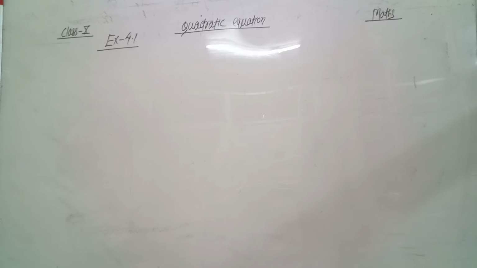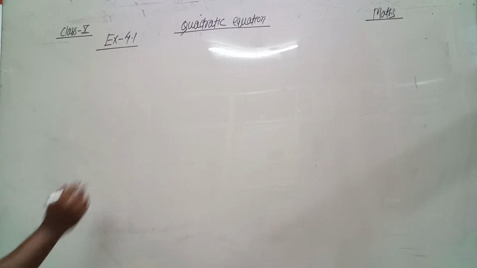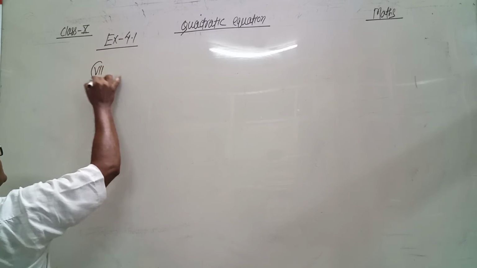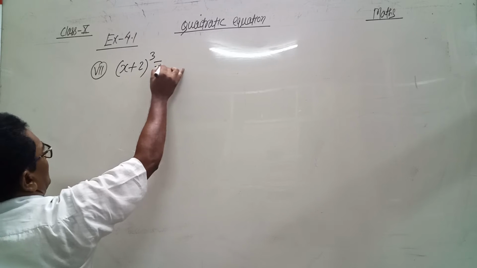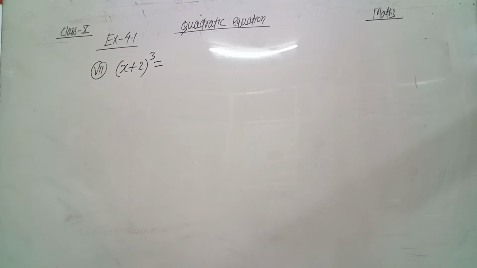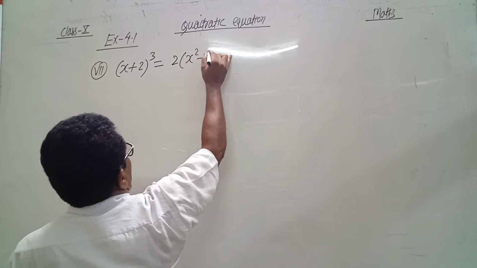See one more question, last question. Question number 7. X plus 2 the whole cube is equals to 2x multiplied by x square minus 2.